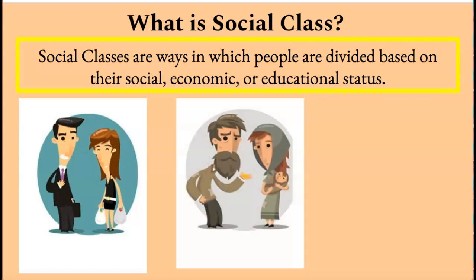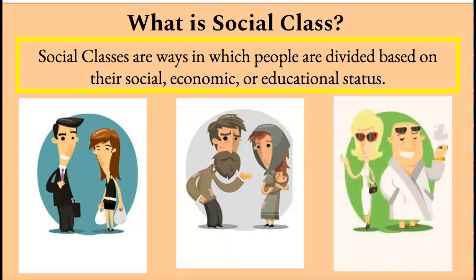All right, discuss this second photo. What is their educational status? What kind of money do they have? All right, in this last photo, in your chat box, type in what you think their educational status is and their social status, and what kind of money they have.